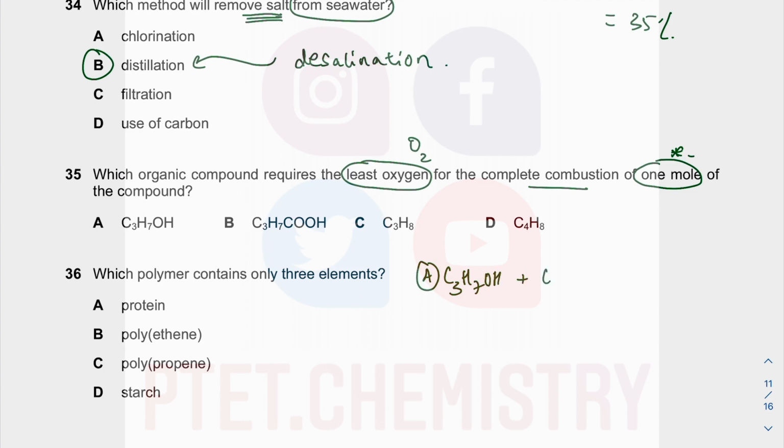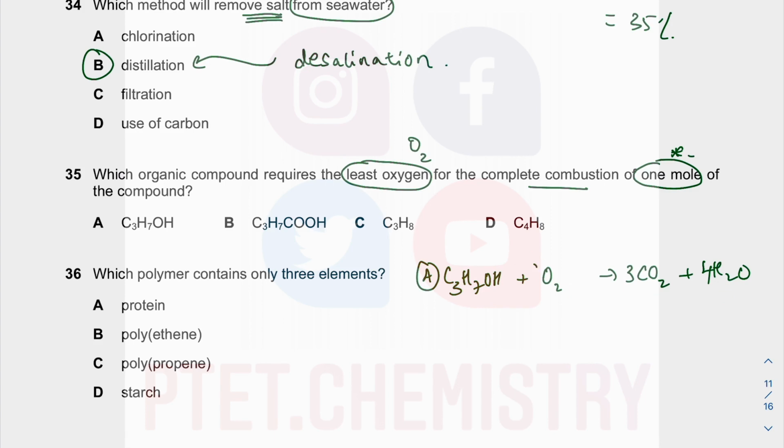C3H7OH plus O2 gives you CO2 plus H2O. You have 3 carbon, so you get 3 CO2. You have 7 plus 1, 8 hydrogen, so you get 4 water. Oxygen: 3 times 2 is 6, plus 4 times 1 is 4, so altogether 10 oxygen, minus 1, so you have 9 oxygen left there.